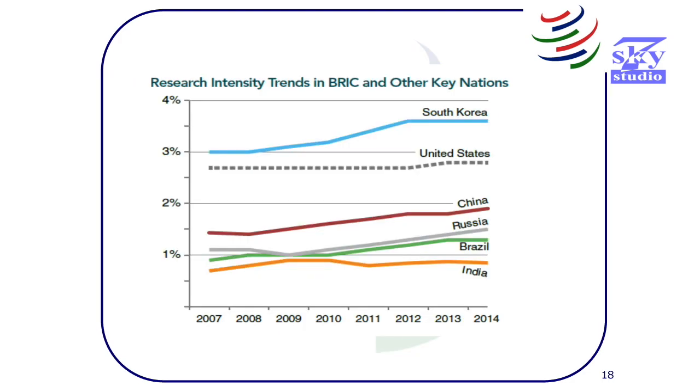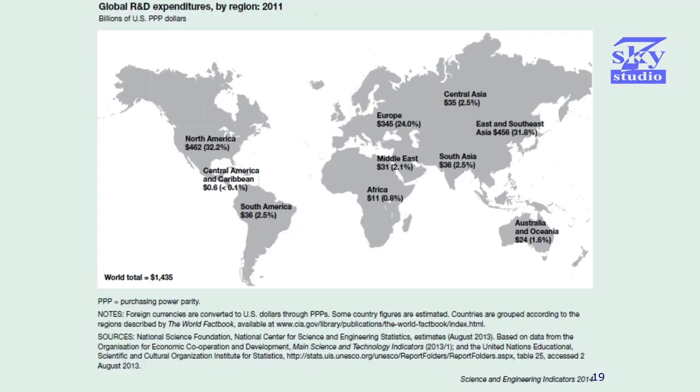And this is basically showing the trends over the years. What you see is China and Russia are both going up, but still not reaching the levels of South Korea and the United States, for example. If you look at it as a region, Europe is spending 24% of, I don't know, 345 billion US dollars.